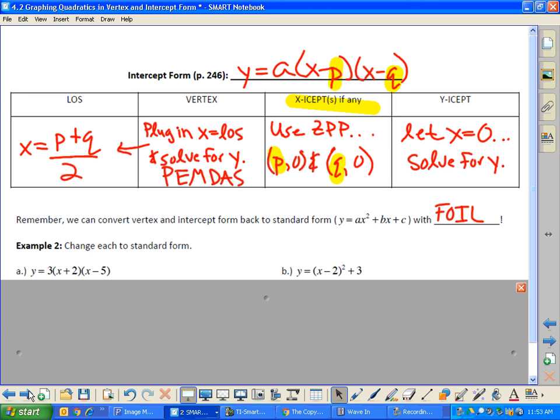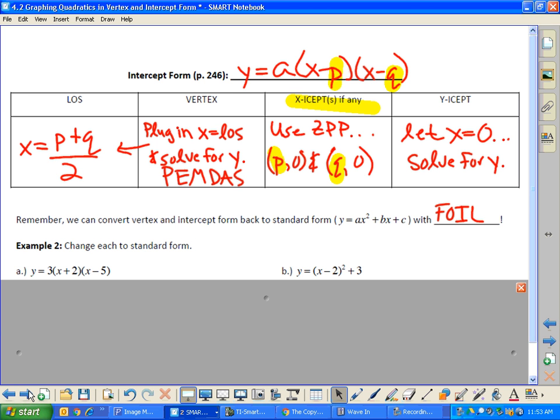P and Q, I'm going to start with intercepts first. P and Q, if you use the zero product property, are your x-intercepts. So you just grab your P, which is also next to a minus sign, and you grab your Q, which is also next to a minus sign, and those are going to be your intercepts. They'll be (P, 0) and (Q, 0).